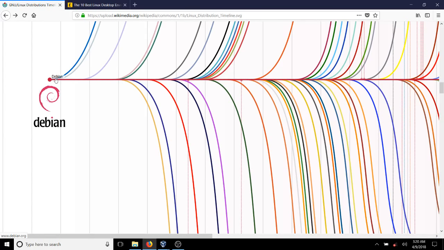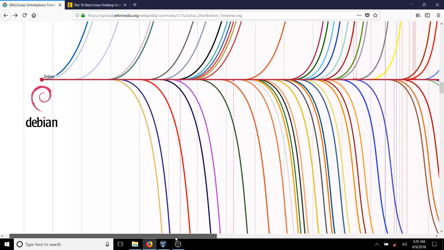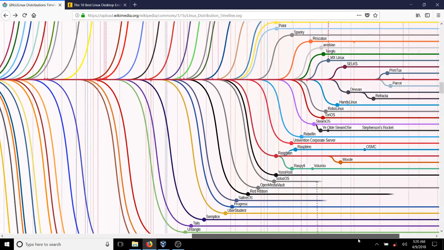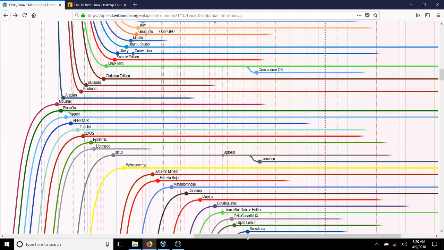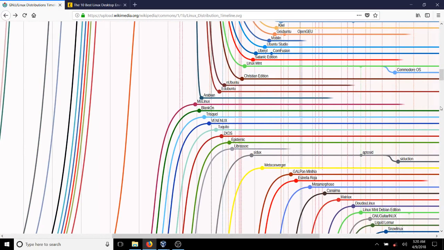And Debian is one of the first Linux distributions and actually sparked one of the most popular Linux distributions, if I can find it on this huge map, of Ubuntu.